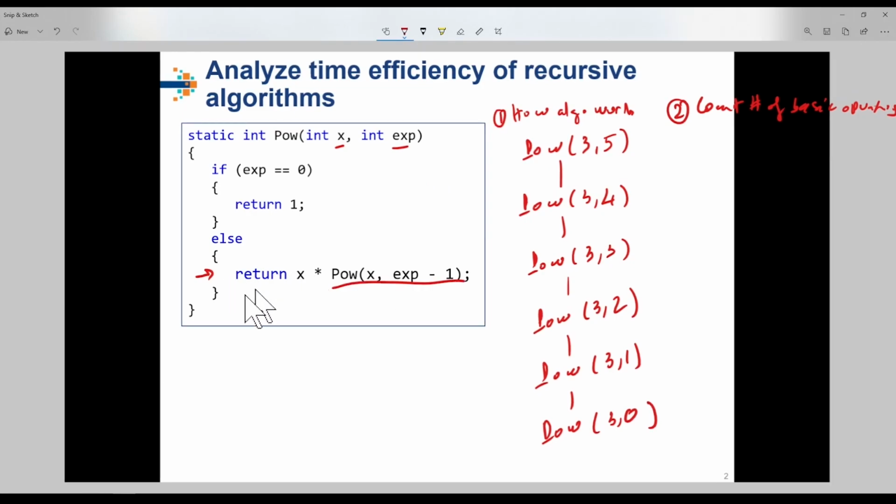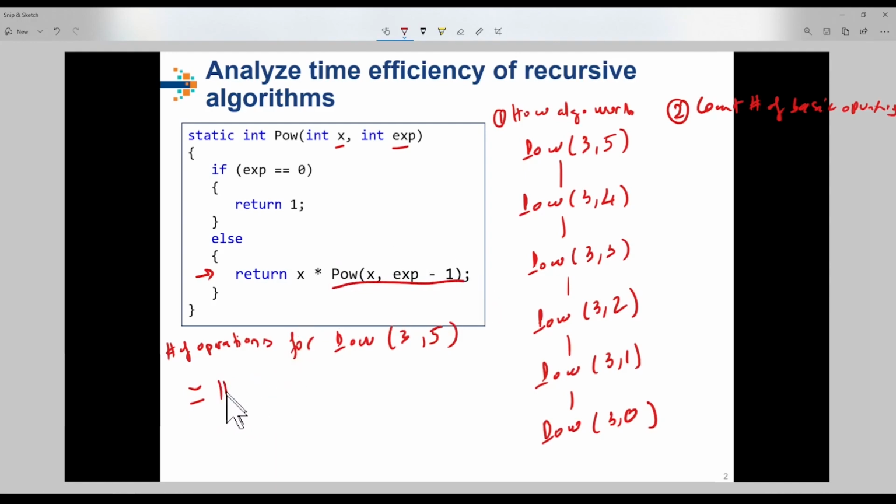From this line of code, we see that the number of basic operations for power of 3, 5 will be, in order to count the number of operations for this, we need to know the number of operations for this first.